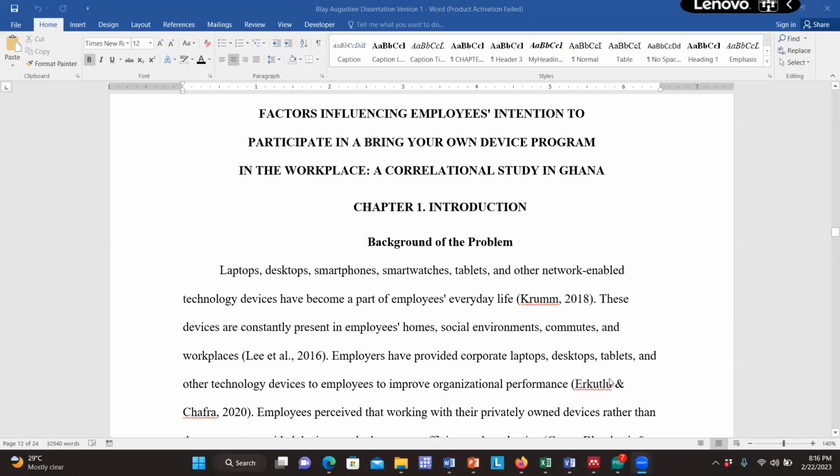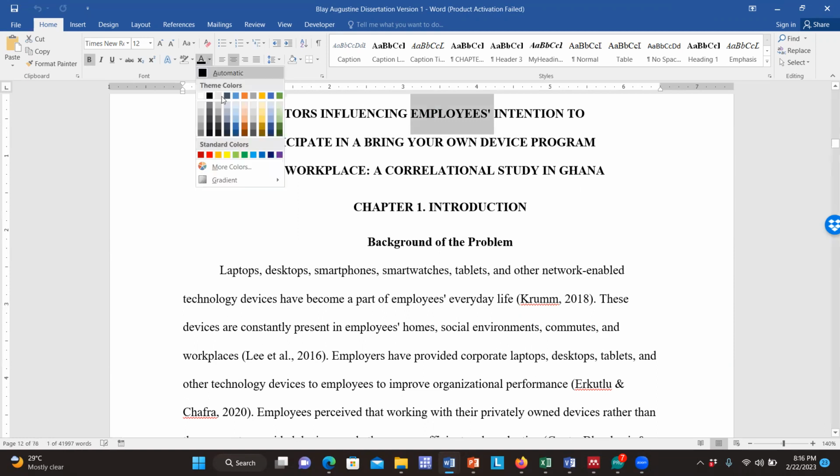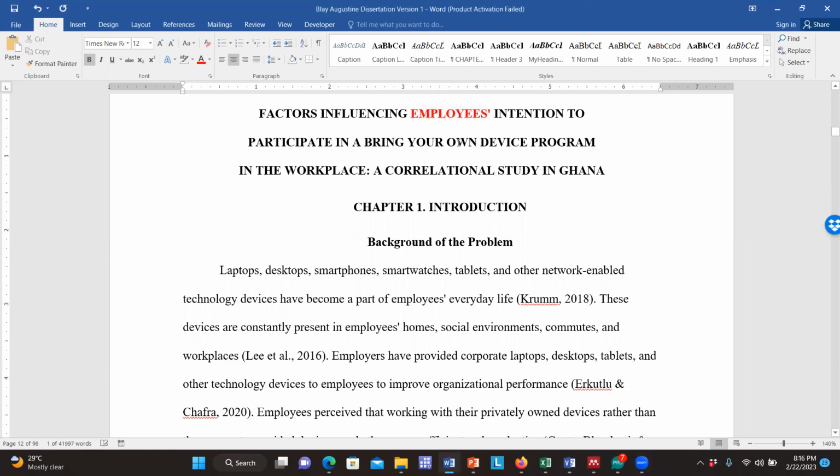So watch. Factors influencing employees' intentions to participate in bring your own device program in the workplace, a correlational study in Ghana. All right. The main construct there is the employees. And this is what you do in your topic. There's BYOD. There is Ghana.